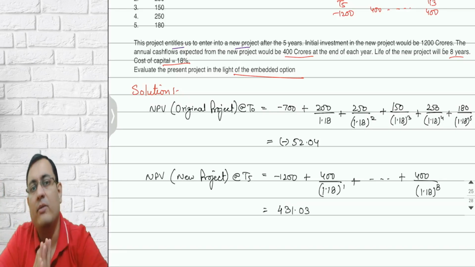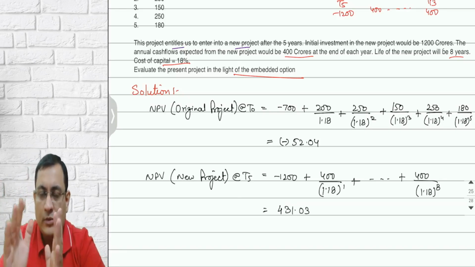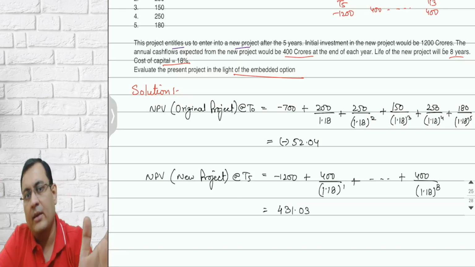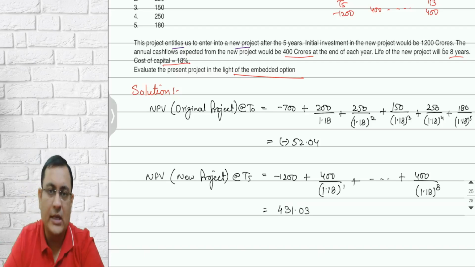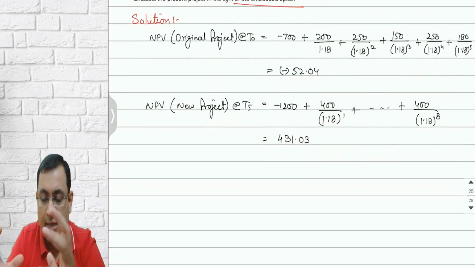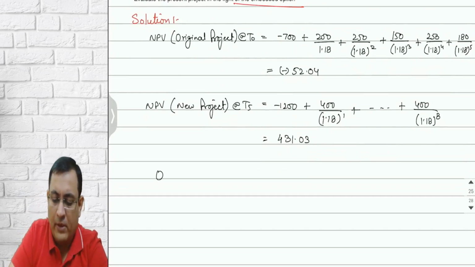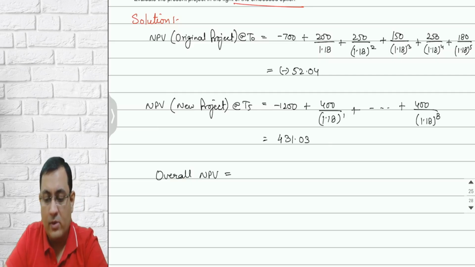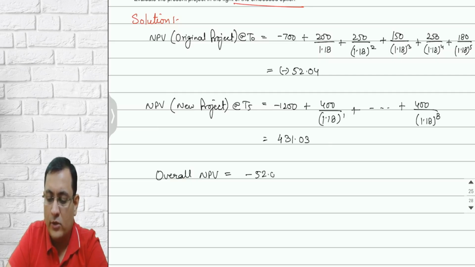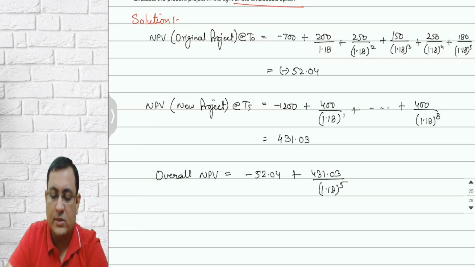So in isolation your second project is giving a positive NPV, but we cannot take the second project unless and until we take the first project. So the second project is contingent on accepting the first project. We have to consider these two projects as a single project. So overall NPV will be equal to negative 52.04 plus 431.03 over 1.18 power 5, because this is the value at T5.